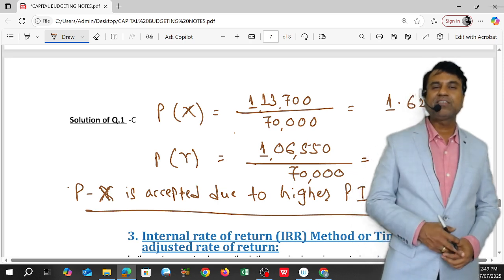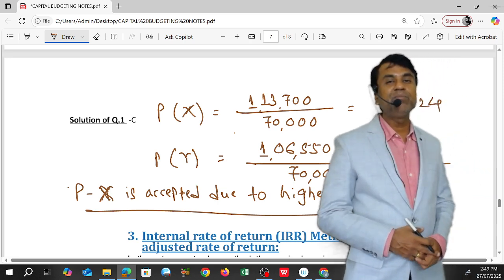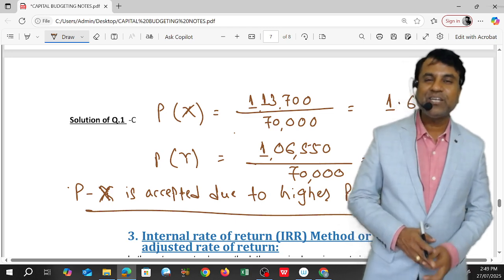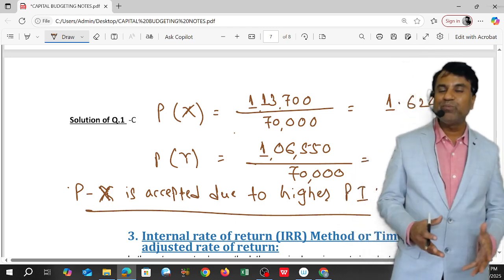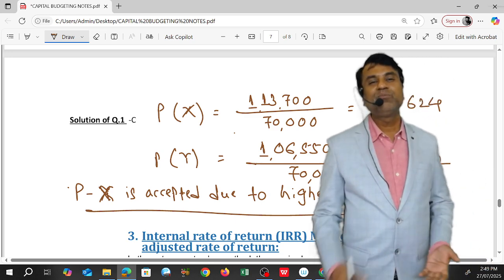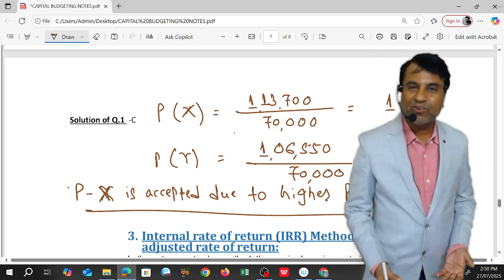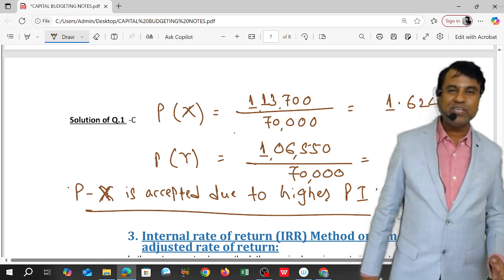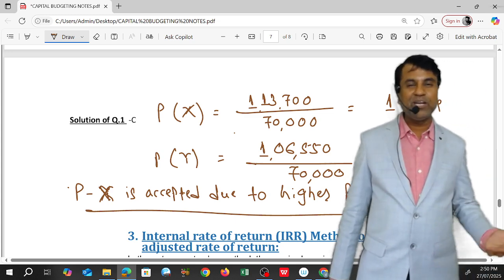So the project which is accepted by NPV will be accepted by PI and vice versa, provided the initial investment in the project is one and the same. Otherwise it won't be. Why? Because let's say project X involves 70,000 as cash outflow, project Y involves 1,20,000 as cash outflow. Now once the initial investment is changing for various projects, then this answer will not match for NPV and PI.